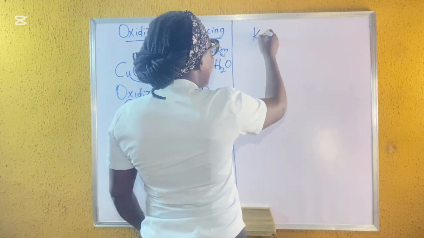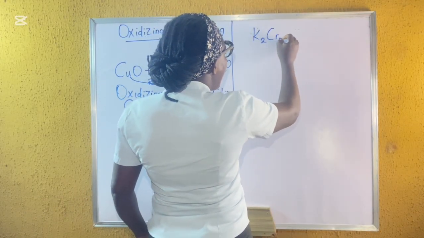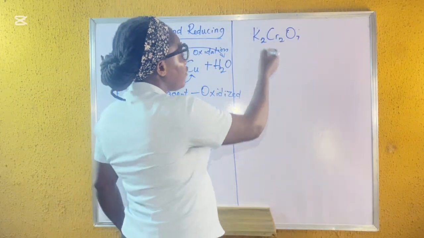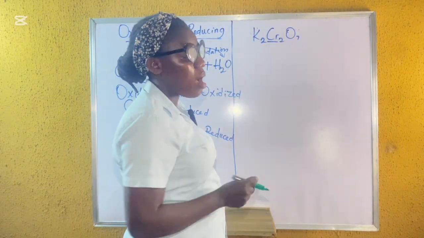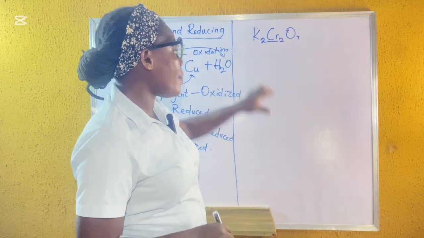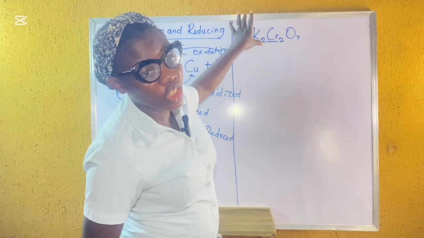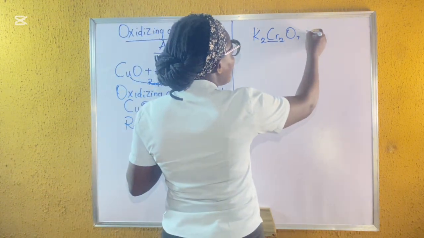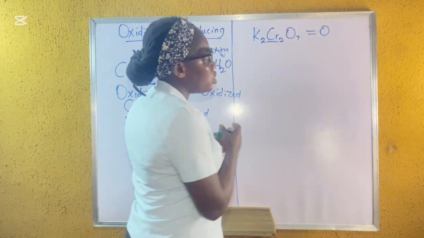So let us look at K2Cr2O7, and we are looking for the oxidation number of Cr in K2Cr2O7. I said that the sum of the oxidation numbers of a compound is equal to 0. So that means the oxidation number of this compound is equal to 0.